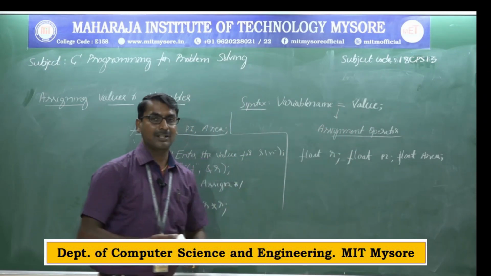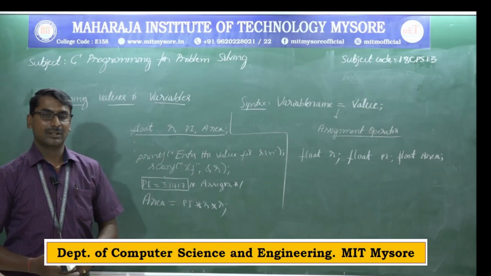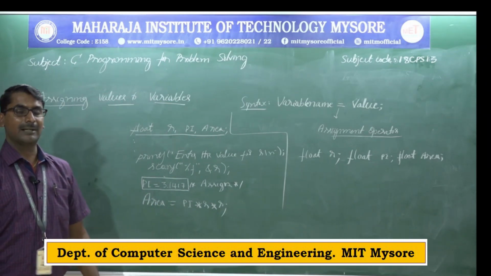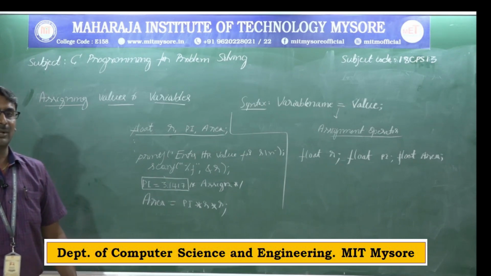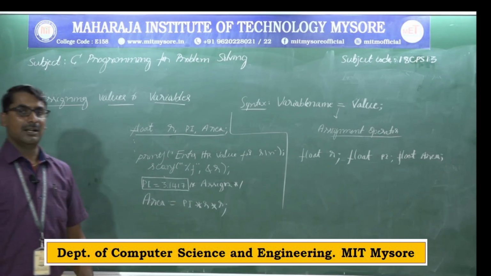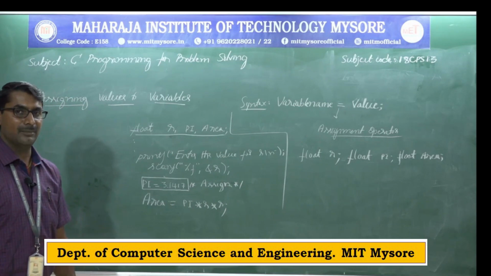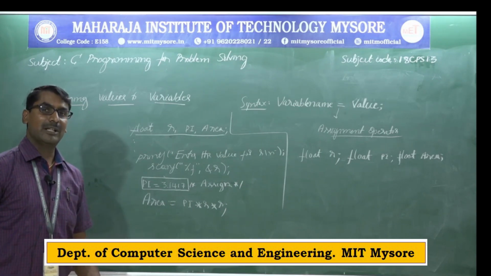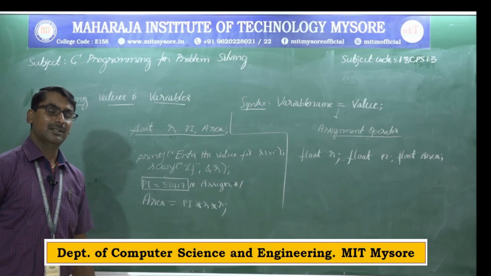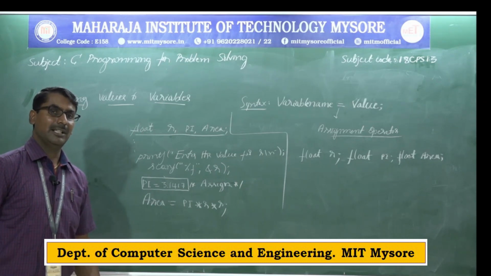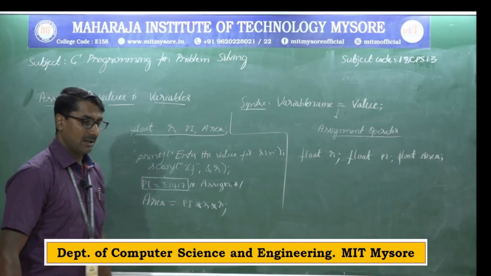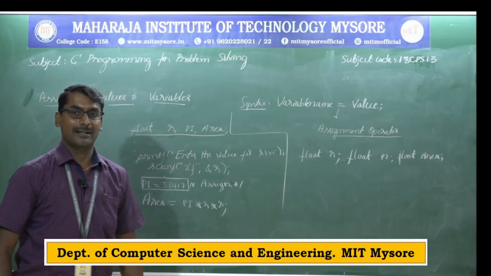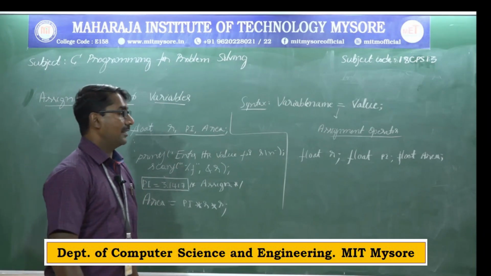When we are assigning the values, we must be very careful. If your variable data type is integer and you try to assign a floating point value, it will return an error message. Also, if the value exceeds the size, it will return an error message. Example, shortint.